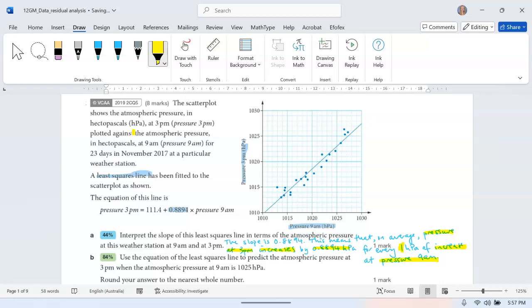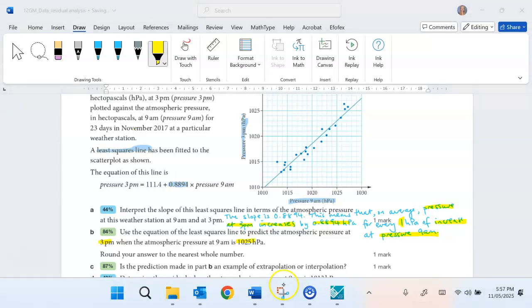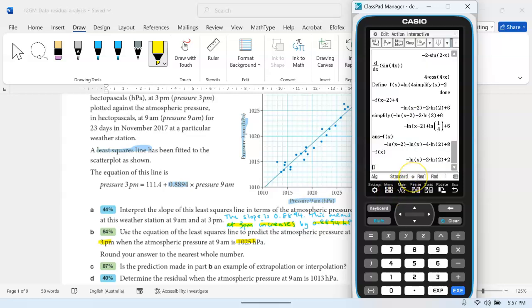Use the equation of the least squares line to predict the atmospheric pressure at 3 p.m. So we usually make predictions for our Y when the atmospheric pressure at 9 a.m. is 1,025. We're just doing that on the calculator. Go to main. So 1.4 plus 0.8894, and we're just substituting in that 1,025.